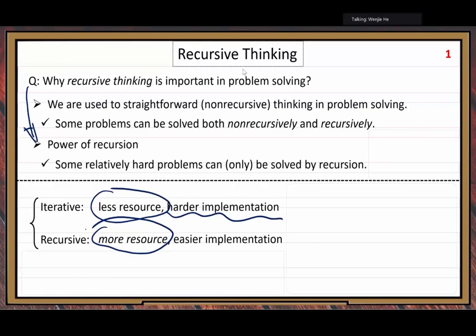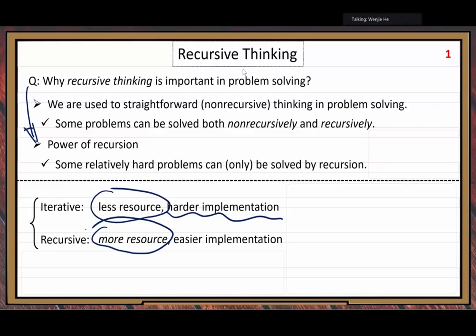Why is that? Let me use a simple diagram to explain. Currently, all our high-level programming languages support recursion. That's a great thing.